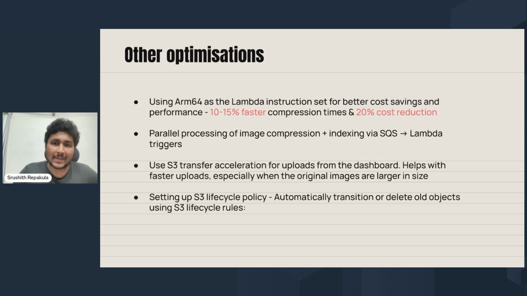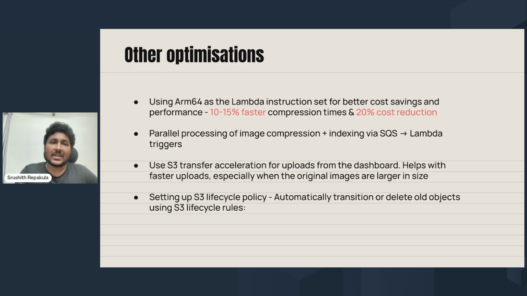Now, the other various optimizations that we did as a part of the application. The first one: as you may know, AWS Lambda comes with a couple of instruction set architectures. One is ARM64, which is not the default, if I'm not wrong.